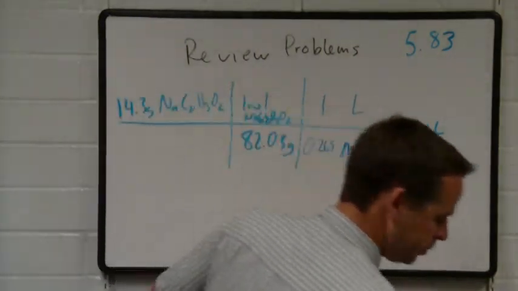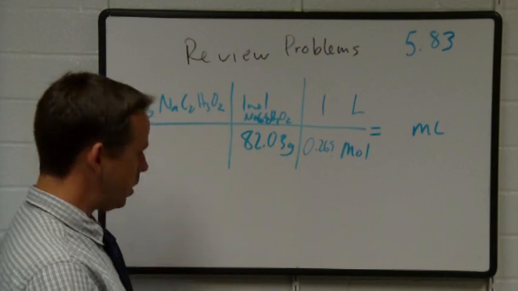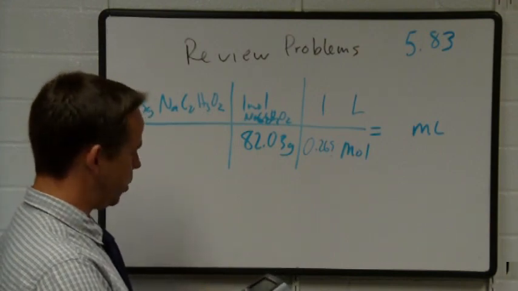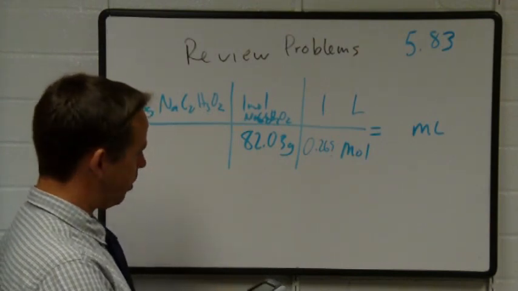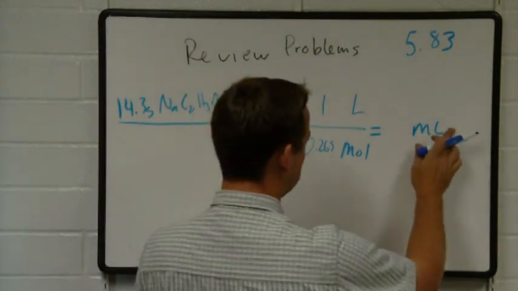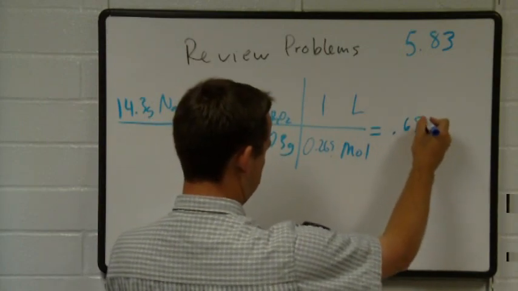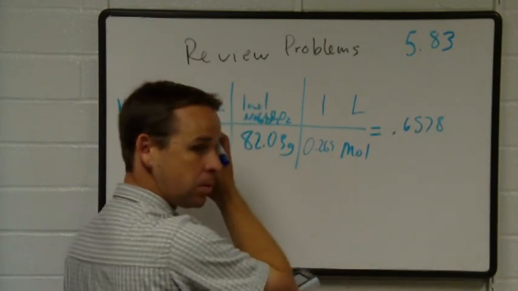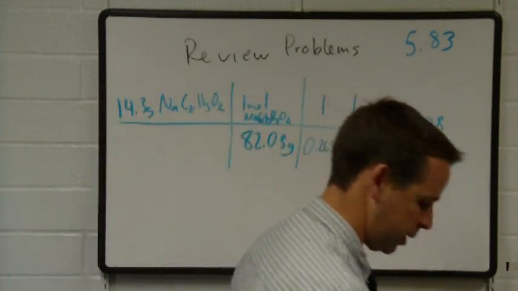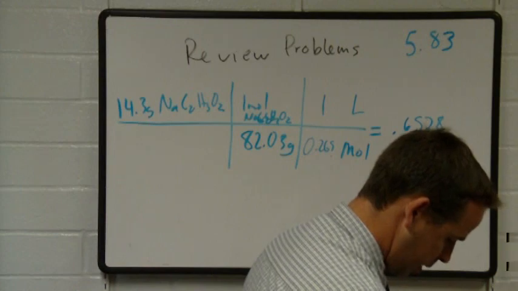So 14.3 divided by 82.03 divided by 0.265, and that should be how many liters? 0.6578, or how many milliliters? 657. So the question was, how many milliliters of that stuff are needed to supply that many grams?